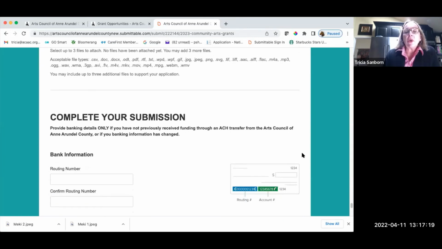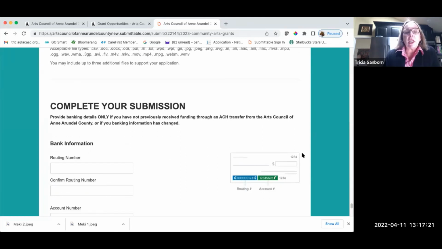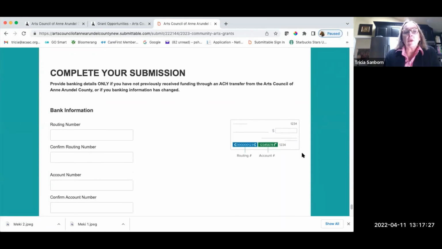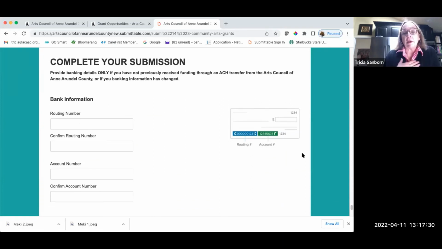So coming down here, we have a new little thing that we can now ask your banking information through Submittable, which, for us, has been terrific. This is totally encrypted. I am the only person that will be able to see your banking information. It will not go forward to the reviewers.